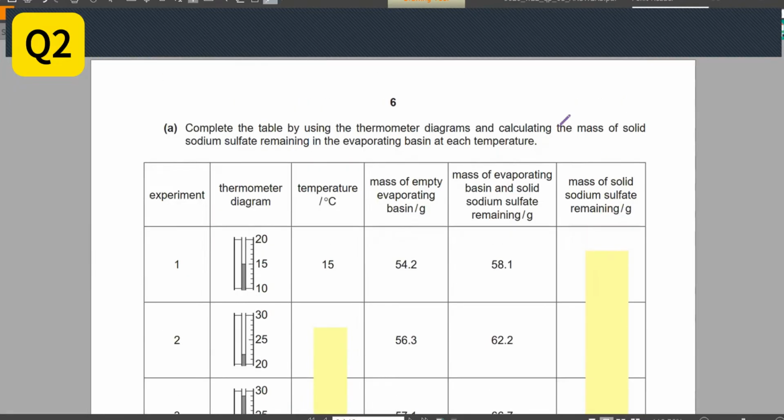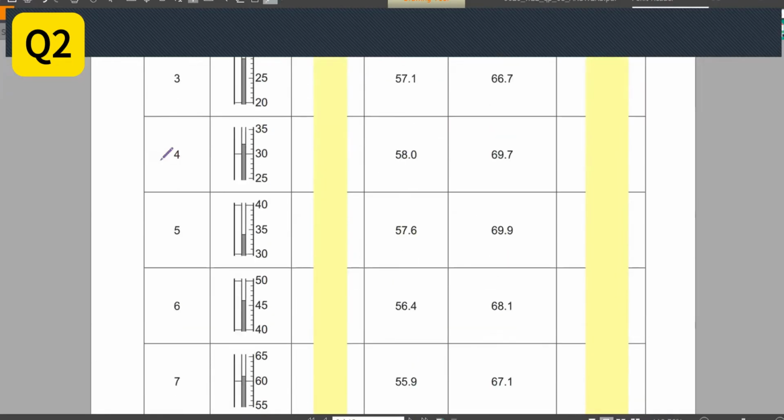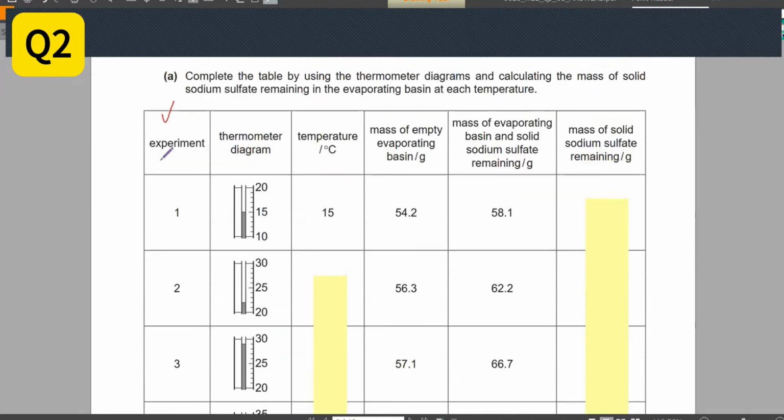So here we are given a table that records all of the information that we have. We can see the headings, very straightforward. So first column, we just label all of the experiments. We have experiment 1 to 8, no problem.